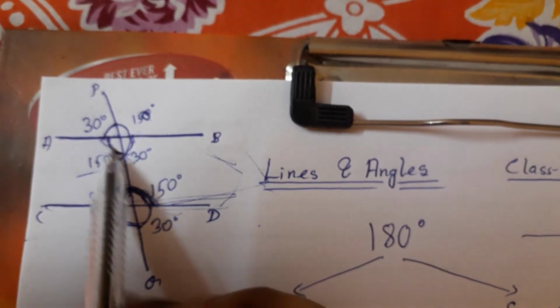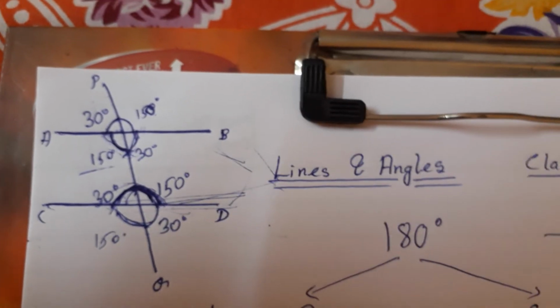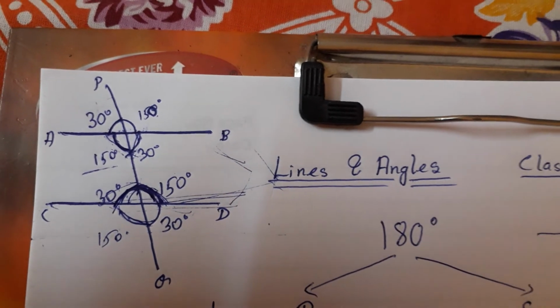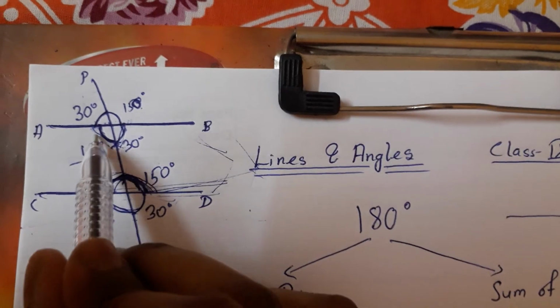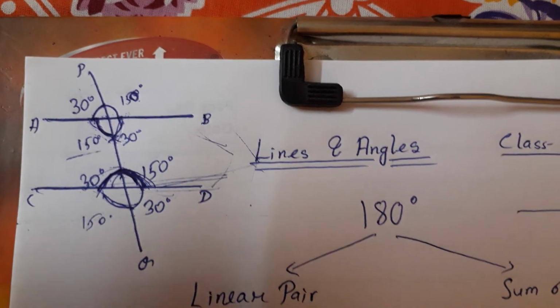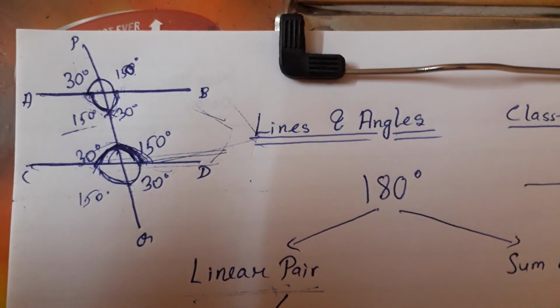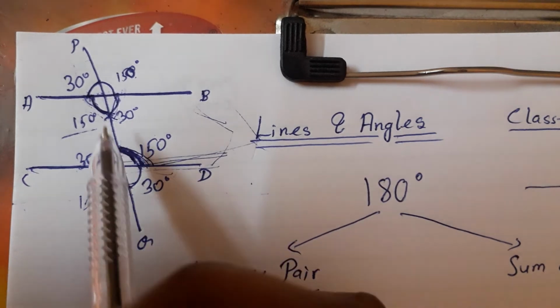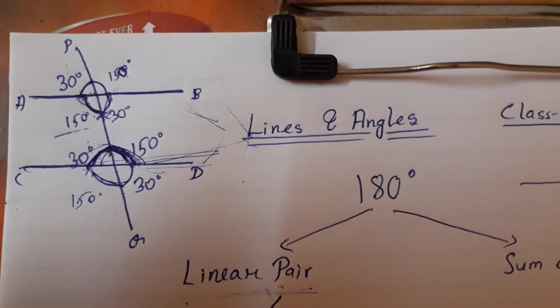If this angle is 150, then this angle automatically becomes 30, because the sum of co-interior angles is 180 degrees. So you can match, I think. The sum will automatically take place if you know one angle.